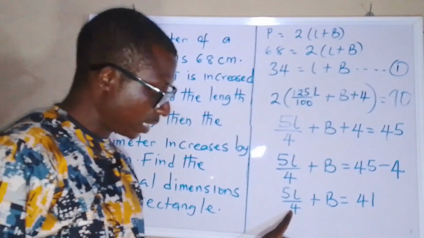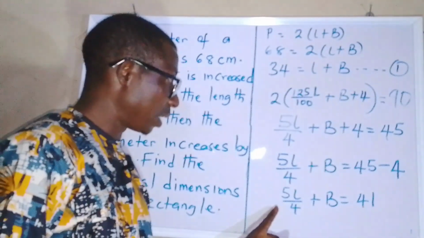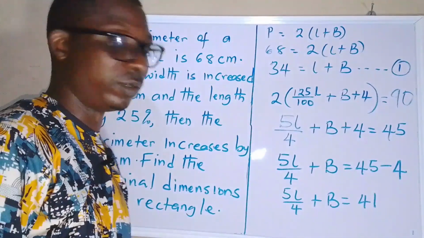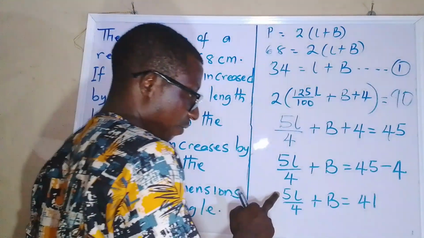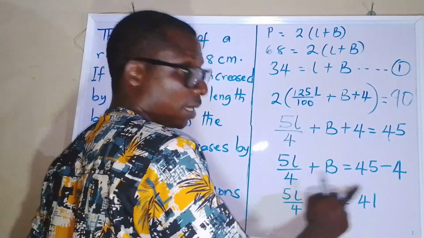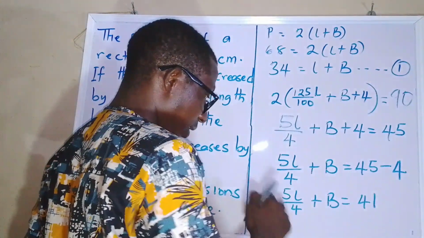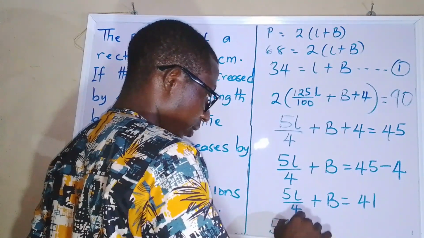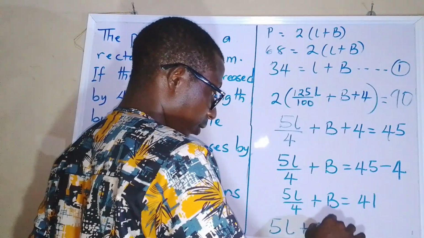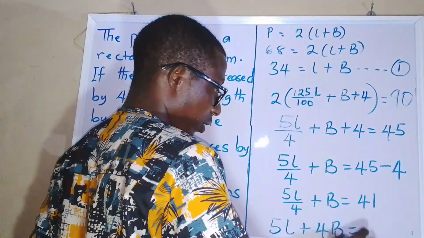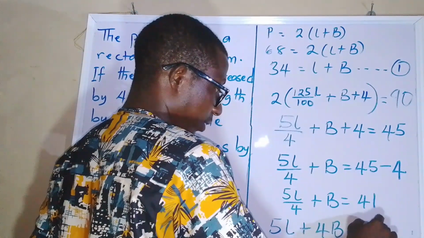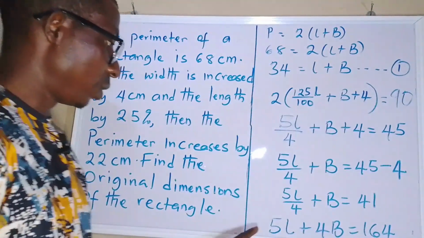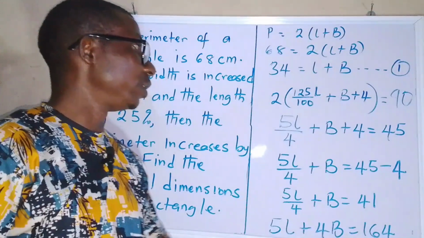Now we need to clear this fraction. So you can multiply through by the LCM of the denominator. So you multiply this by 4, this by 4, and this by 4. So when you multiply this by 4, you have 5L plus 4B equals 164. So this is the second equation you have.